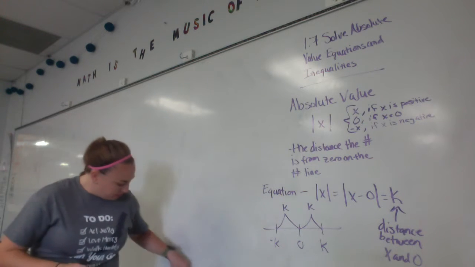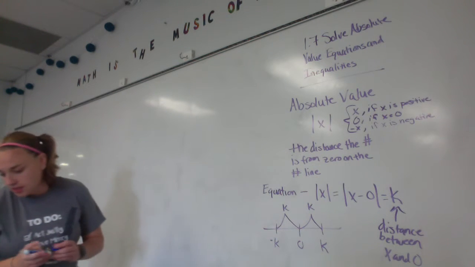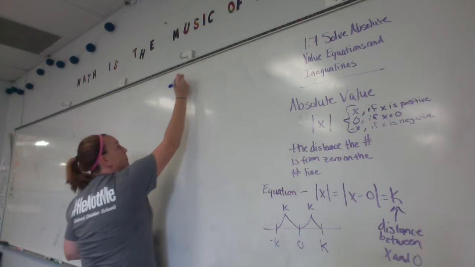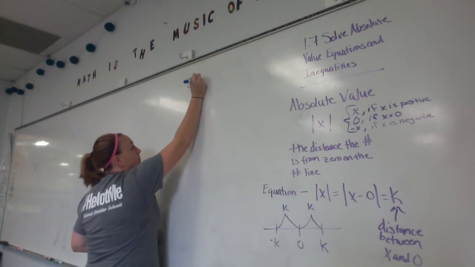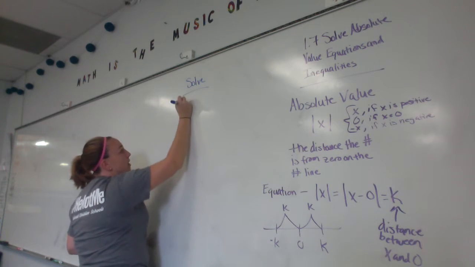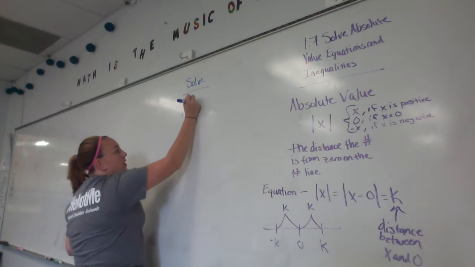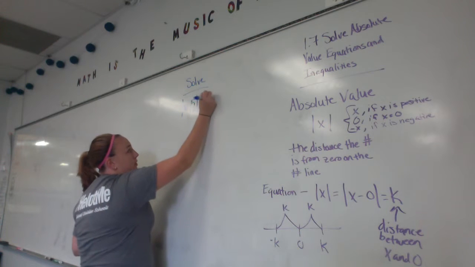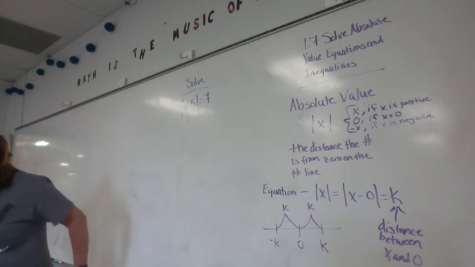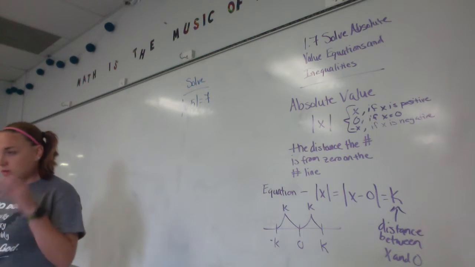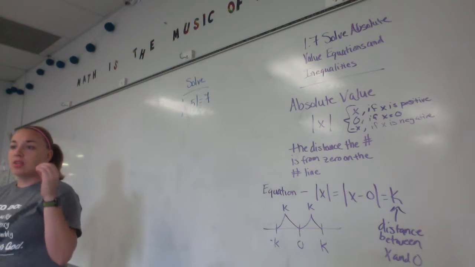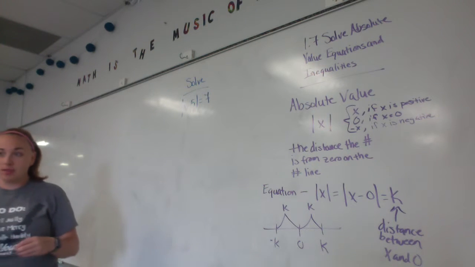So, if you have an equation that says solve, and they give you the absolute value of x minus 5 equals 7. In order to solve this equation, you are going to have to set up 2 separate equations, one with a negative answer and one with a positive answer.